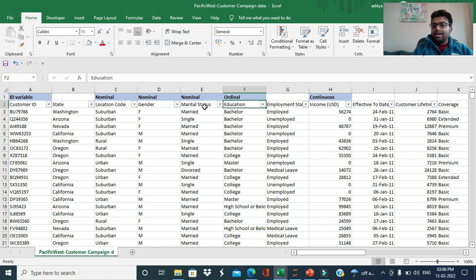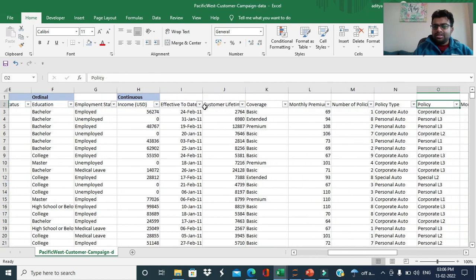So you have some liberty to convert this into an ordinal variable. Similarly, for continuous variables, income you can consider a continuous variable, right? Likewise we can see other variables.